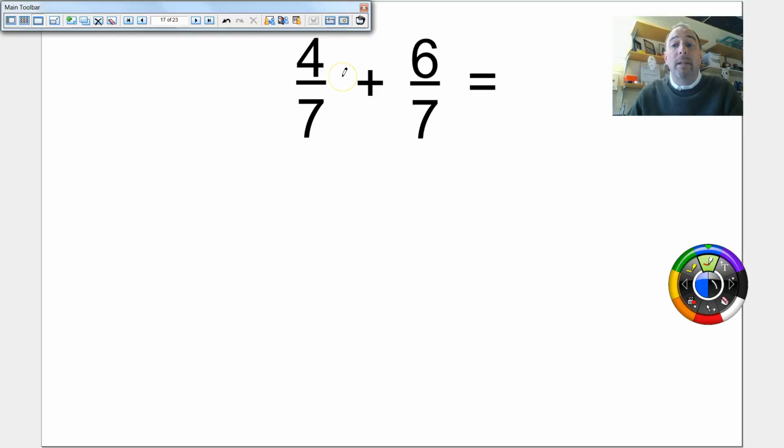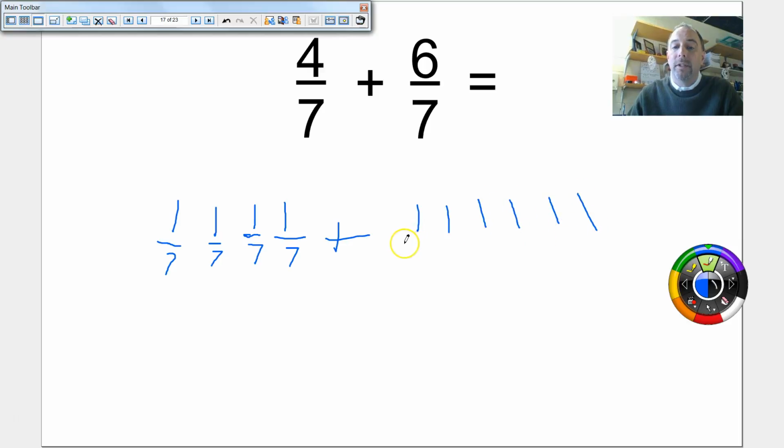So again, let's begin by decomposing. I have 4 sevenths plus 6 sevenths. So 1, 2, 3, 4 sevenths, plus 1, 2, 3, 4, 5, 6 sevenths.